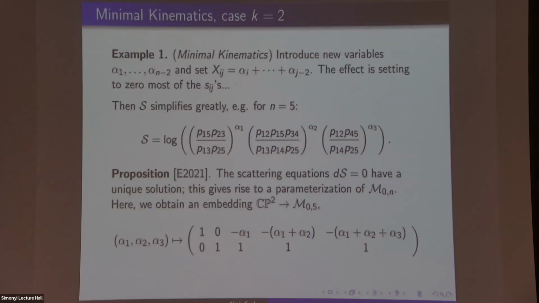You really mean CP2 embedded in M_{0,5}? Yeah. Well, let's see, what do I mean? If over the complex numbers, yeah, so alpha_1, alpha_2, alpha_3 are coordinates on CP2. And you usually choose a chart where alpha_1 is equal to 1.